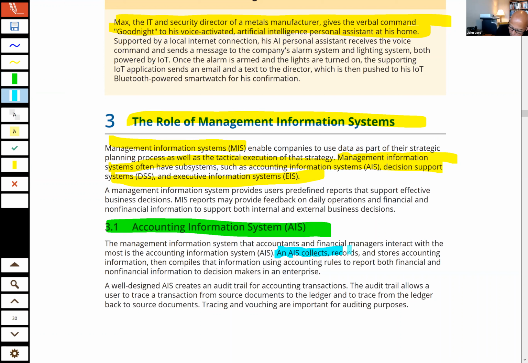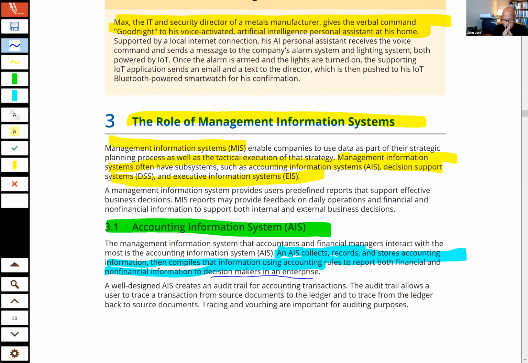An AIS collects, records, and stores accounting information, then compiles information using accounting rules to report both financial and non-financial information to decision makers. And they say in an enterprise, but hang on, it's not just in the enterprise, it's also outside of the enterprise.